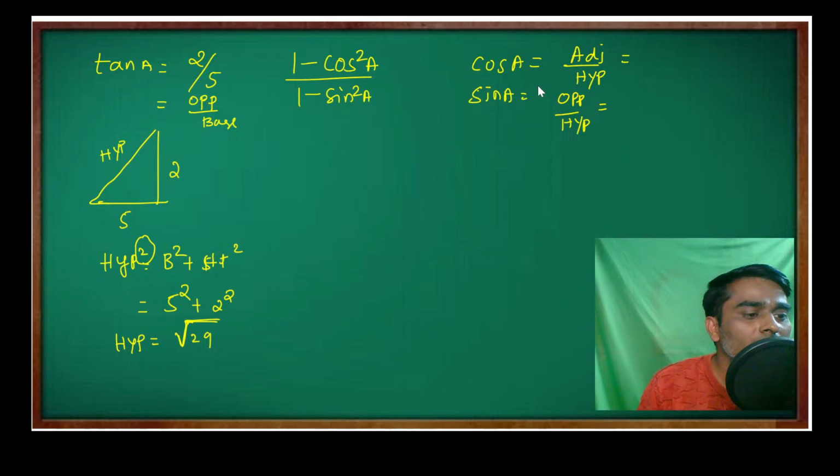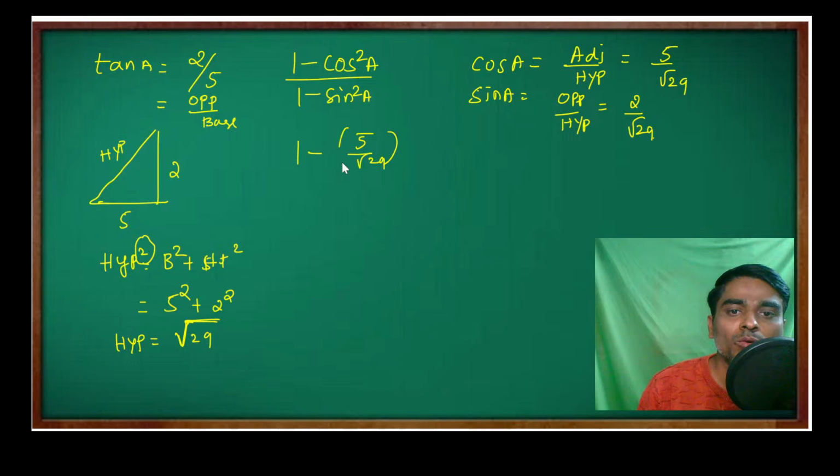So cos a is 5 by root 29, and sin a is opposite upon hypotenuse, 2 by root 29. Just take these numbers and put them here now: 1 minus 5 by root 29 whole square, divided by 1 minus 2 by root 29 whole square.